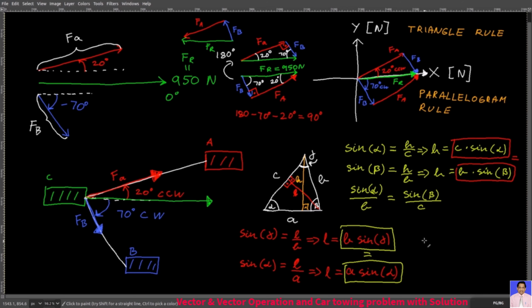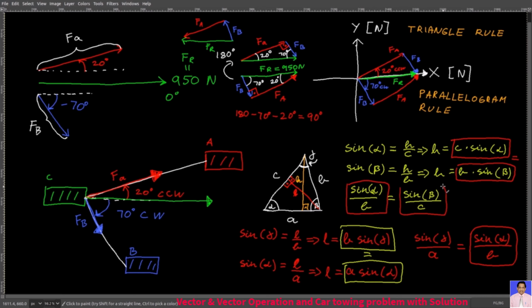And so if I rearrange them, then you can have sine gamma over A equals sine alpha over B. But this sine alpha over B, that's this one here, that also equals sine beta over C, which means that I can put an equal sign here, and I can write sine gamma over A here. And there you go, we have an important relationship here. And this relationship is called the sine rule. And we can use it to compute our FA and FB. Let's do that in the next video.